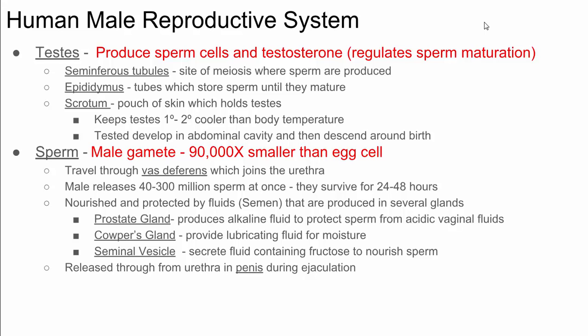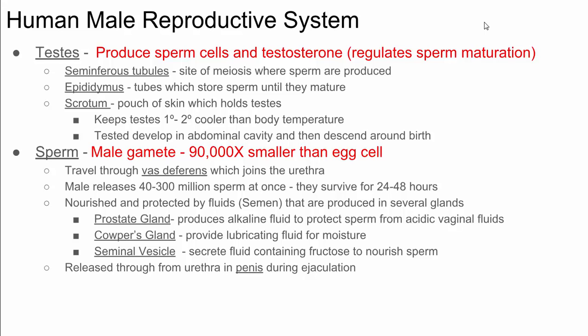There are several glands that produce the components of semen. The prostate gland, for example, that I'm sure you've heard about, produces a fluid that helps to neutralize the acidic vaginal fluid so that the sperm can survive. They couldn't survive on their own in those acidic conditions.